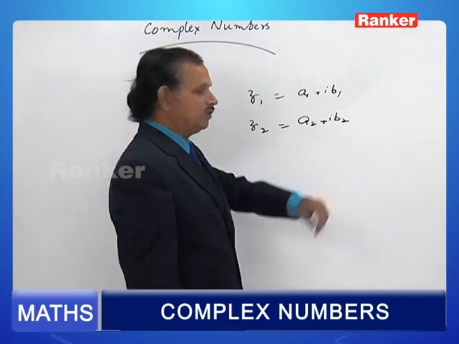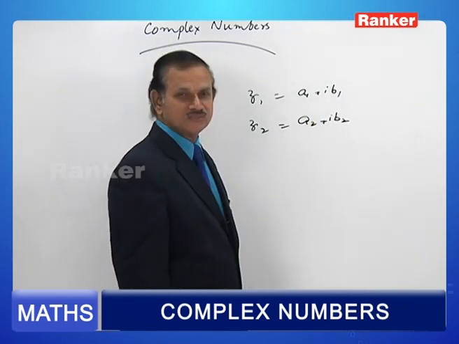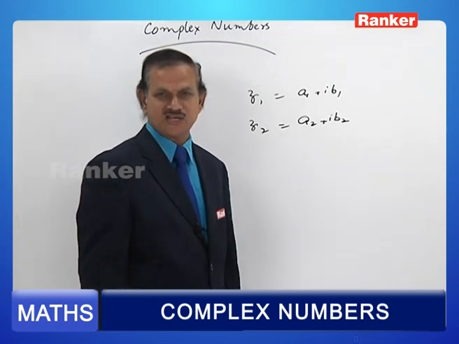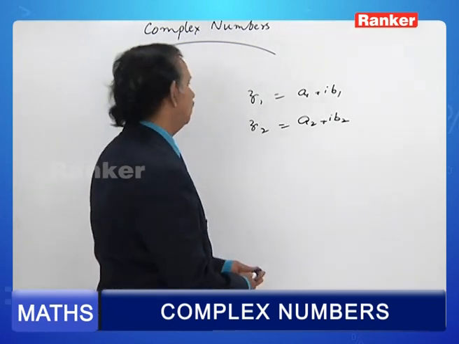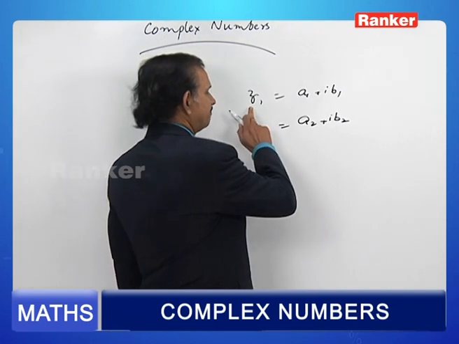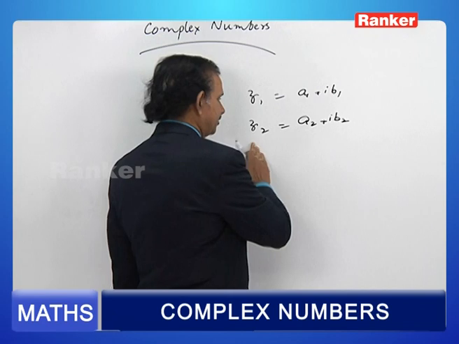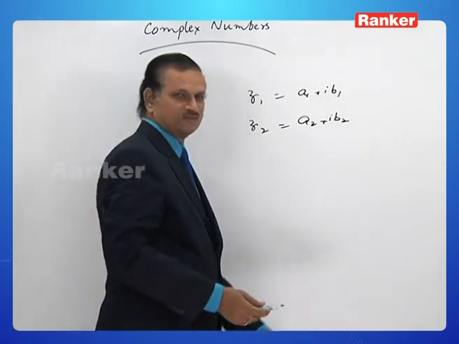Here a1, b1 are real numbers, a2, b2 are real numbers. As z1 is a complex number, i is the imaginary square root of minus 1. The real part of z1 is a1, the imaginary part of z1 is b1. The real part of z2 is a2 and the imaginary part of z2 is b2.